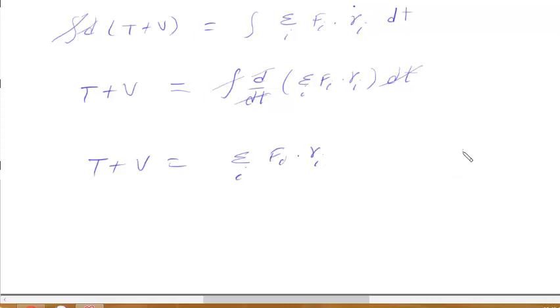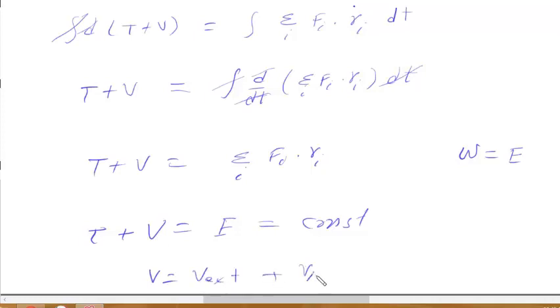Here we put that the total energy is equal to the work, and this is constant. This is the law of conservation of energy, where this potential is the external potential plus the internal potential.